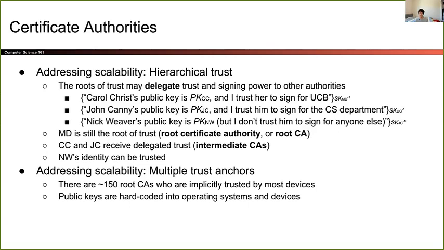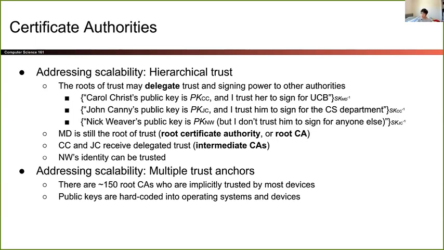All certificates, including the ones that delegate CA authority to others, have an expiration date. So even for those we're delegating trust to, we still want them to change their public key every now and again, or at least renew their certificate. For the root certificate authorities, those expiration dates are usually set to 2030-something, 2040-something. So they last for a really long time, and we're assuming that they hopefully won't be compromised. And we'll get into what happens if they're compromised.